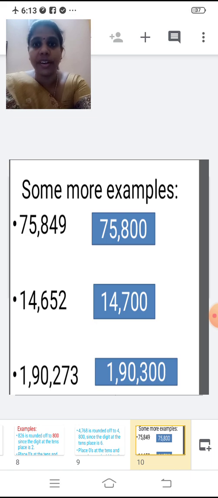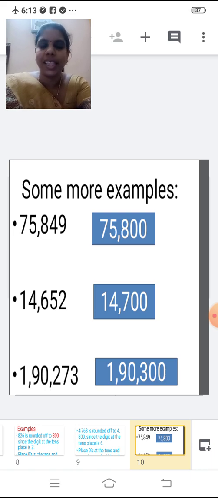If it is 5 or greater than 5, we have to add 1 to the digit at the hundreds place, isn't it? What digit are we having at the hundreds place? 6. So 6 plus 1, 7. Now 7 in the hundreds place. Then 4 in the thousands place and 1 in the 10,000 place.